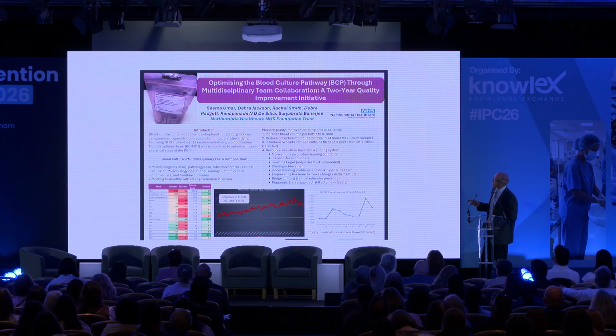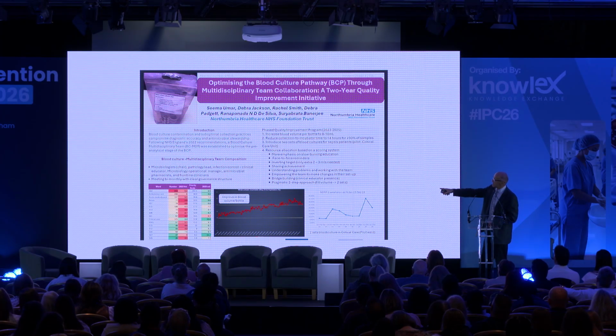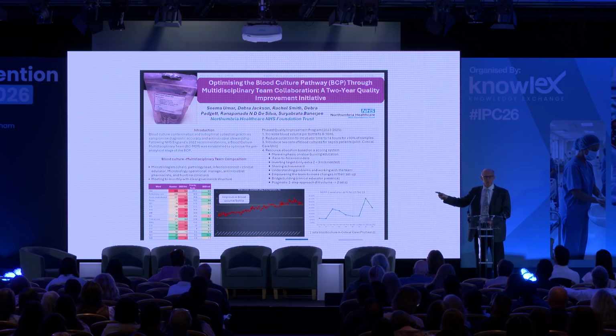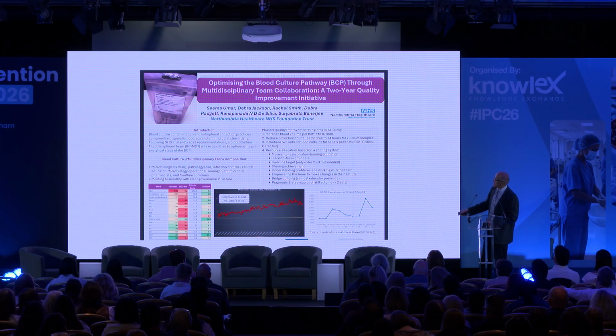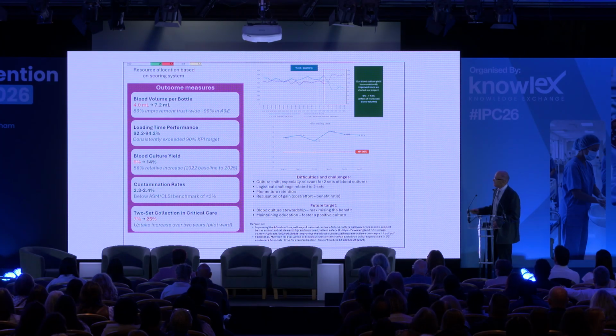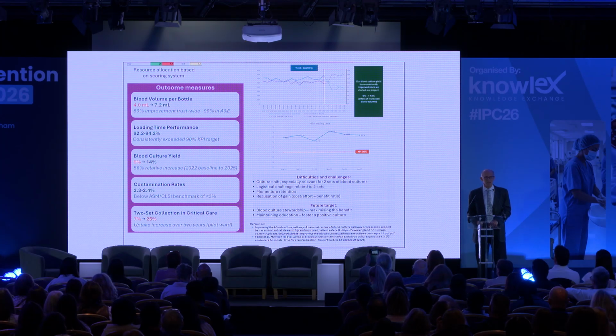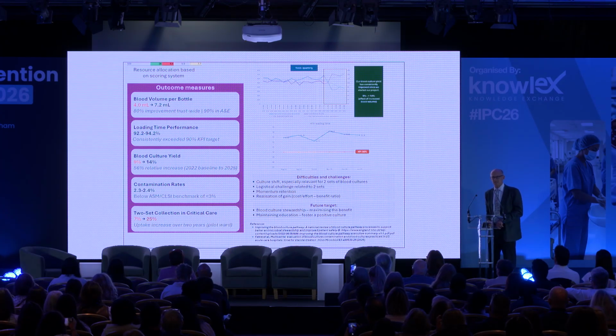So there's lots of detail about what they did there. Look at the graph with the red line, improvement in blood volume per bottle. It went up and up and up over the period, the 2-year period of this phased quality improvement plan. The results are summarised in those boxes on the left-hand side, and these are really stark.